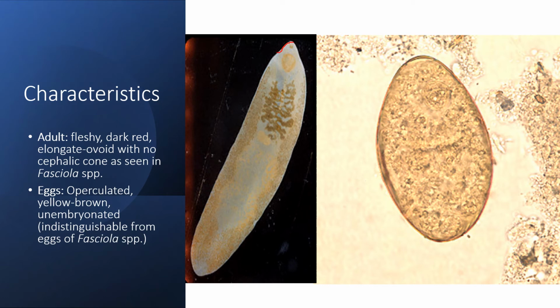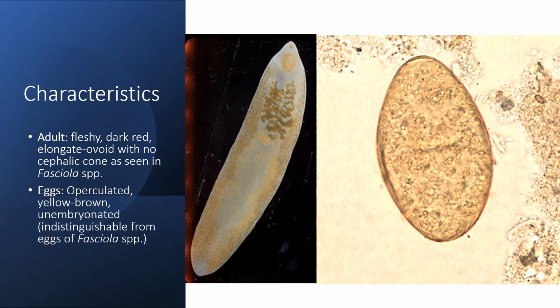For Fasciolopsis buski, it is continuous. So that's for the adult worm. This one is an example of a carmine stain, so don't wonder why it is not dark red or fleshy, because this is stained with carmine stain.